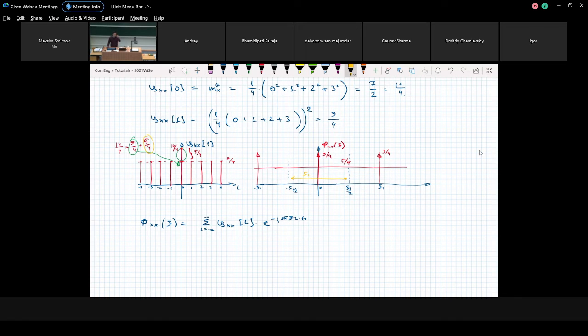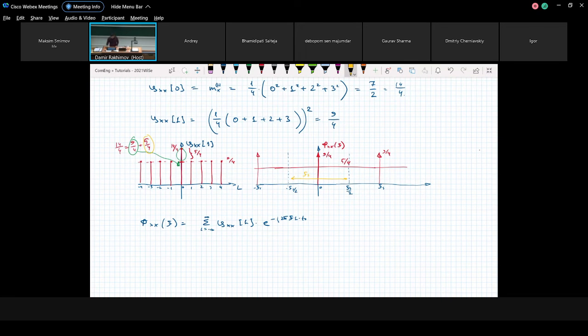And at 0, it goes to plus infinity. I mean, it's constant everywhere, but at 0, it goes high. Of course, for practical implementation, you approximate the delta pulse as a pulse with very high amplitude.